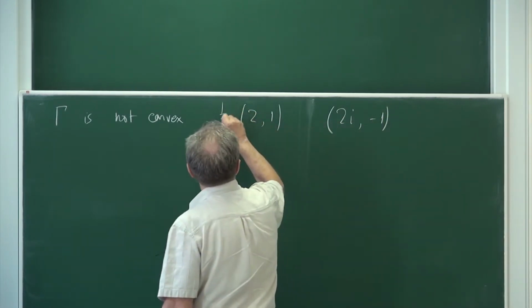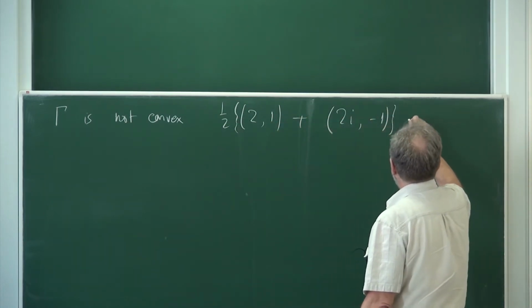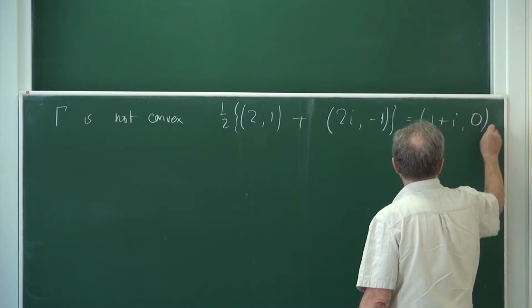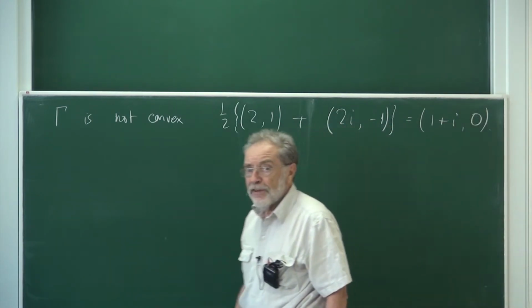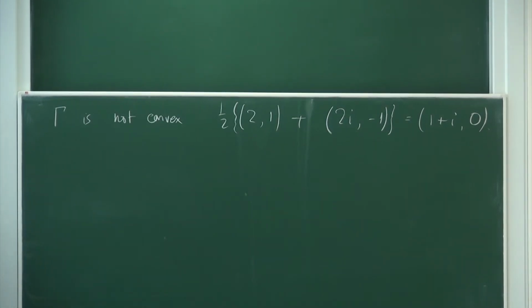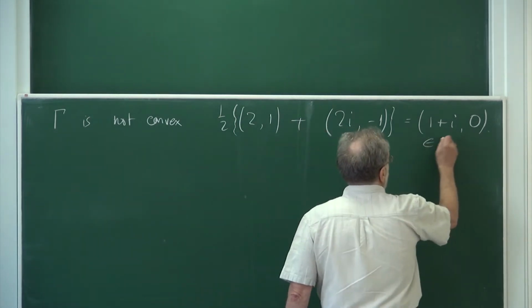And if you take the midpoint of those two, you get the point (1 + i, 0). And that is clearly not of this form, because if zw is 0, then either z or w has to be 0, and the other one would have to be 1 + i, which does not have modulus less than or equal to 1. So that is not in gamma.